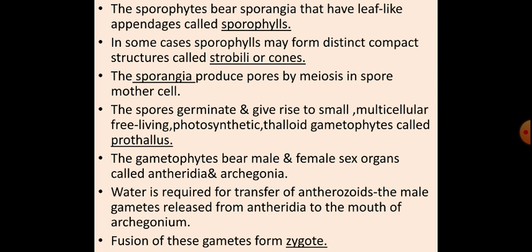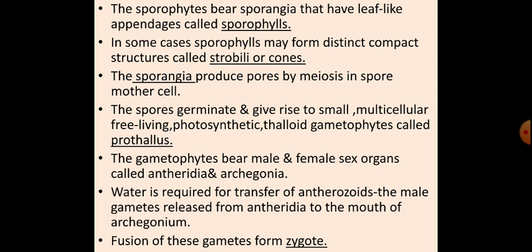There is a single mother cell called the spore mother cell. What happens to that spore? That spore germinates and gives rise to a small multicellular free-living photosynthetic thalloid gametophyte called prothallus.